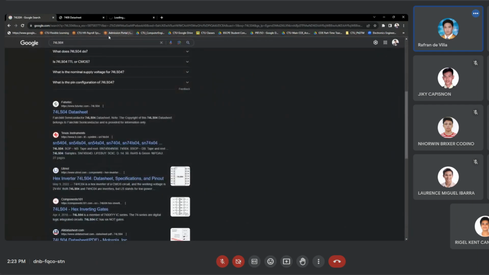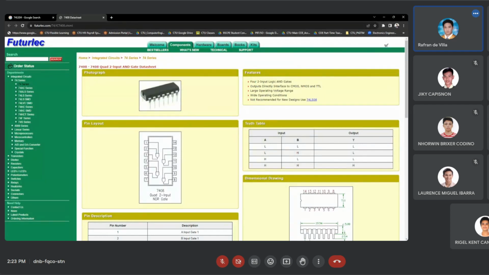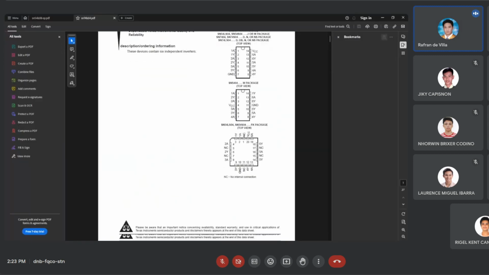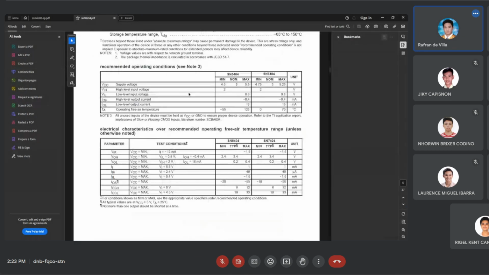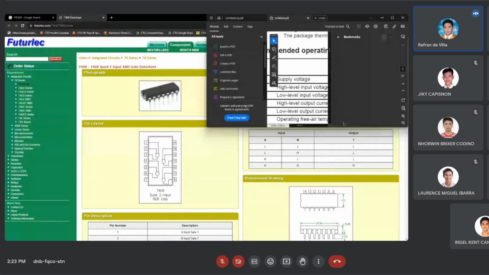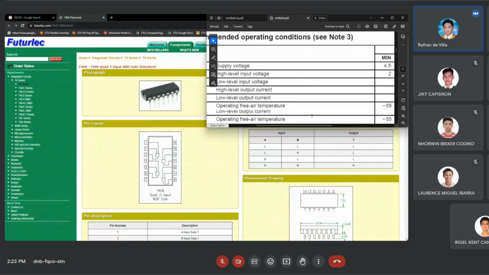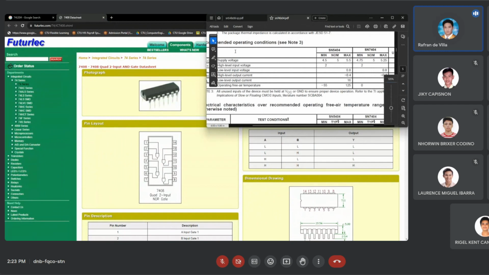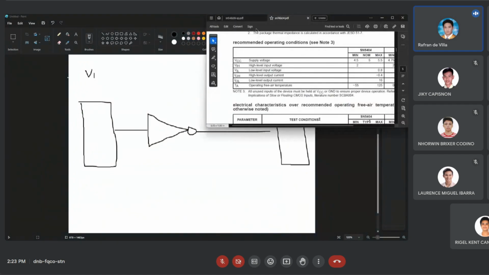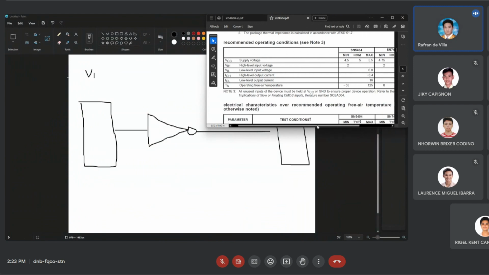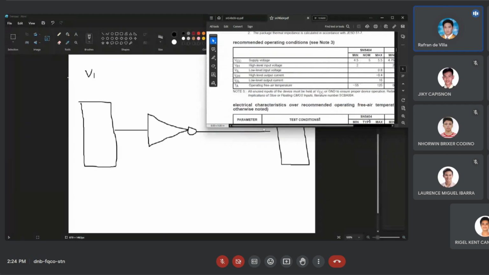Texas. Let's try to open this. So let's look at these parameters, so that we have a basis as we generate the illustration for the voltage input high and voltage input low.